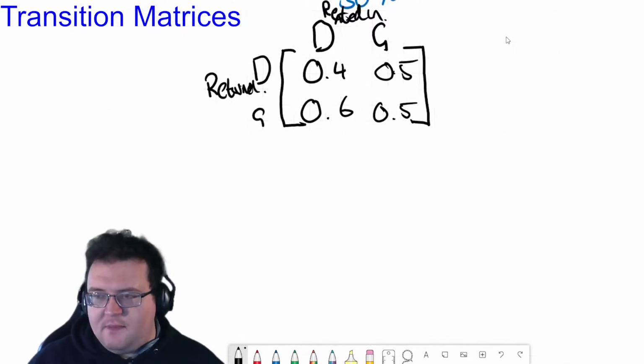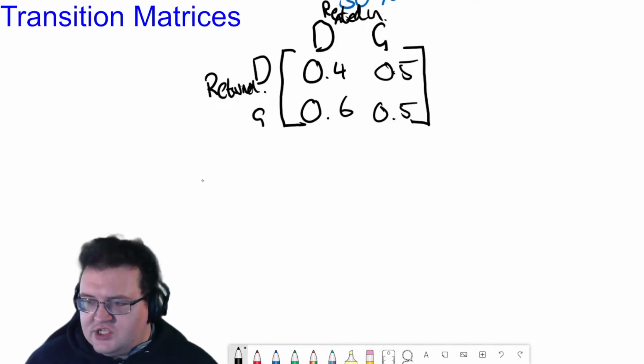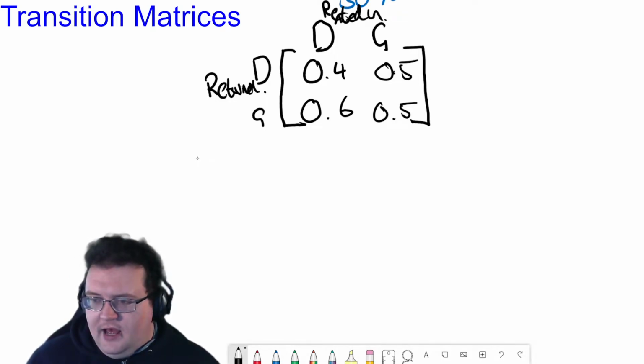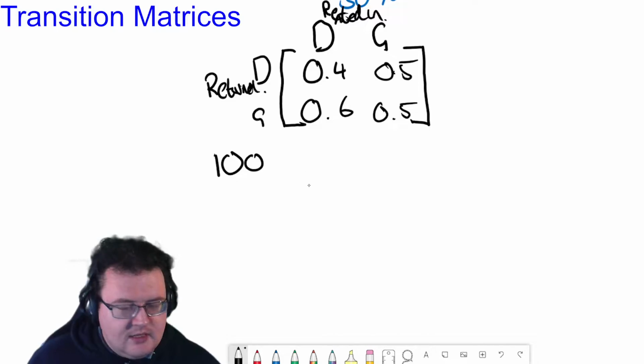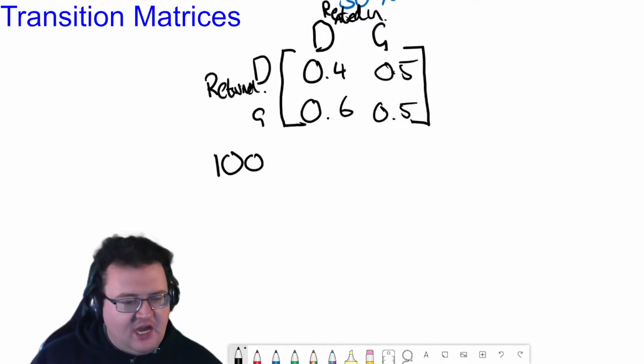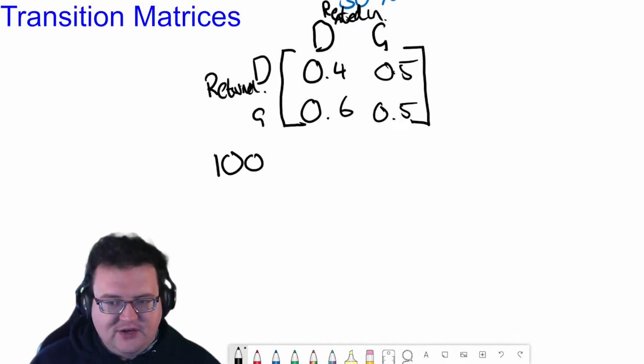So for example, let's go with some nice easy numbers. We start with a connection diagram, but we turn it straight into a matrix and then forget the original diagram.